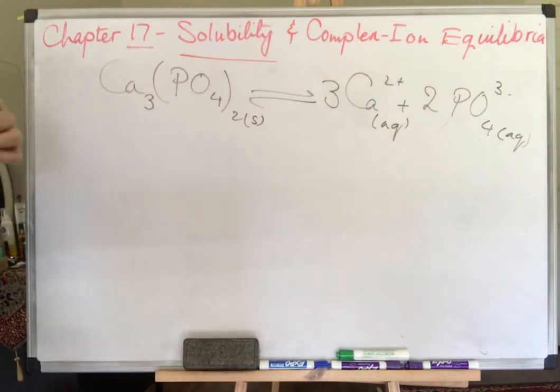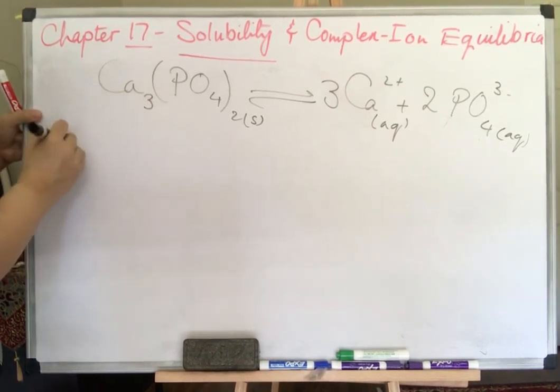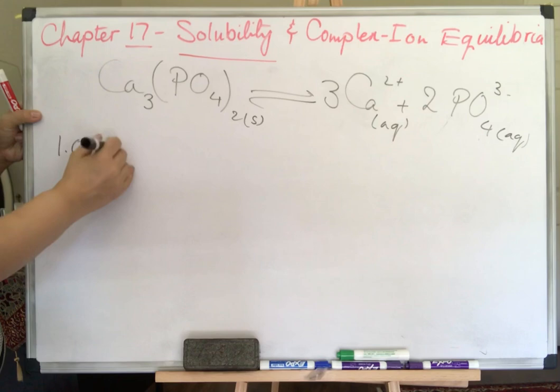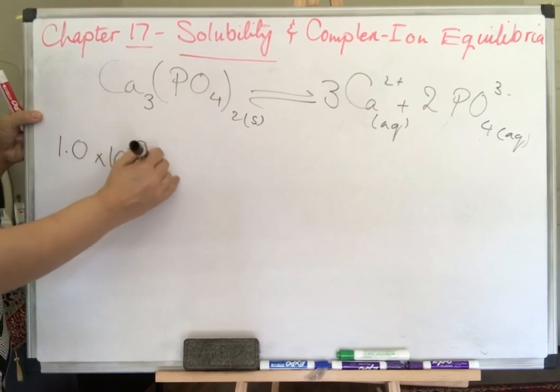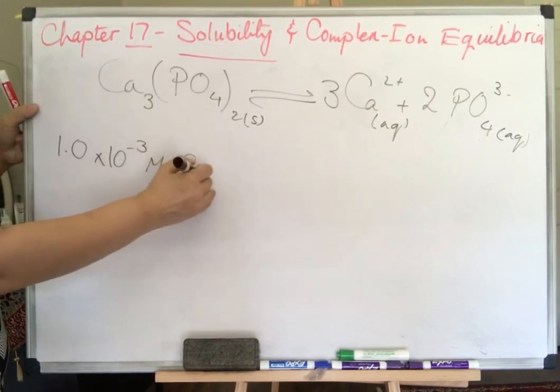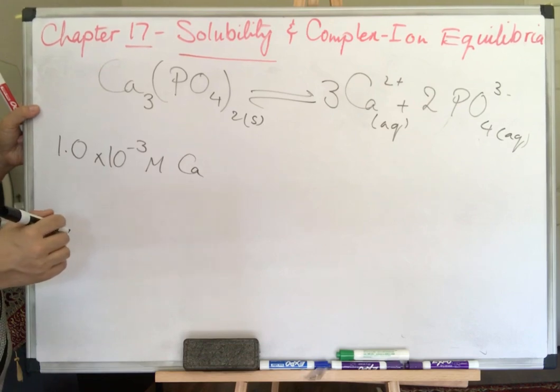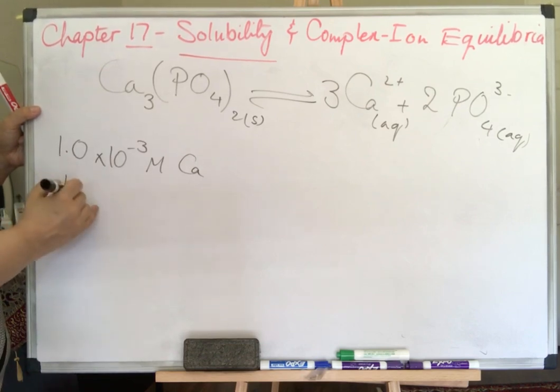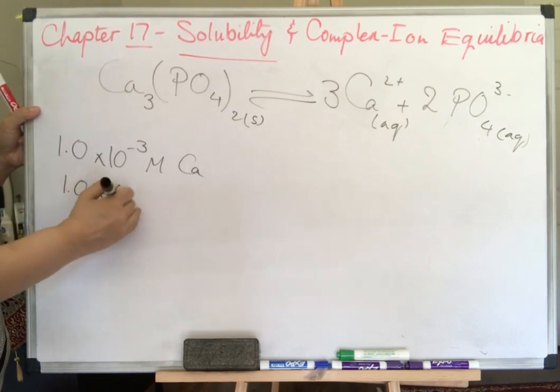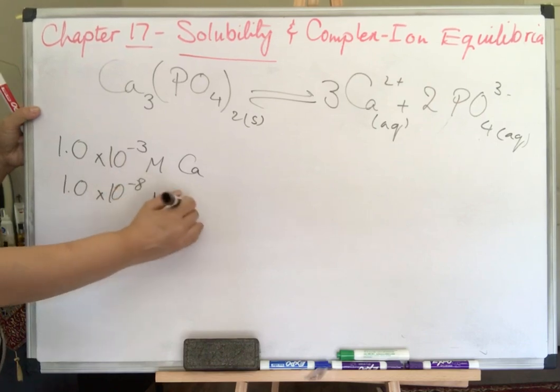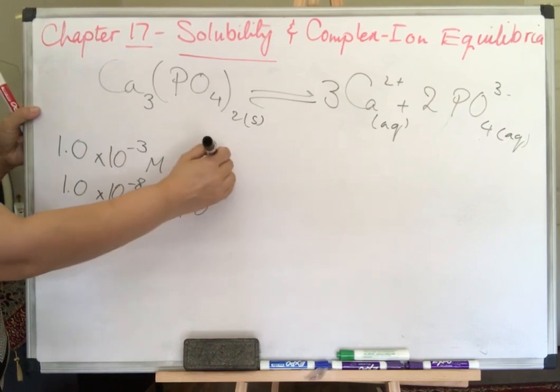A sample of urine contains 1.0 times 10 to negative 3 molar calcium and 1 times 10 to negative 8 molar phosphate.